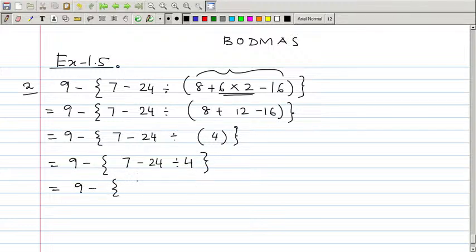9 minus, so again over here I have another place to apply the BODMAS rule. So here it will be minus 24 divided by 4. Okay, this part. I'll do the division first. I can do that in the rough column.